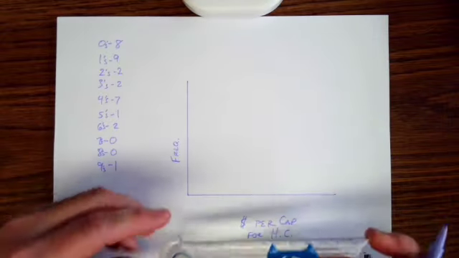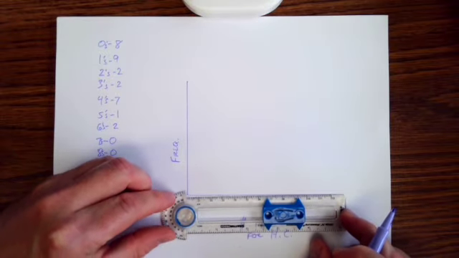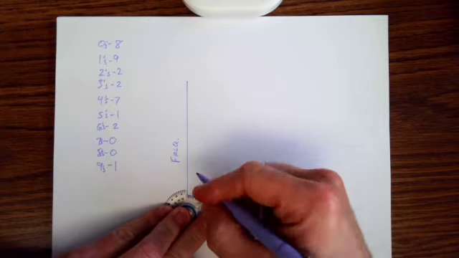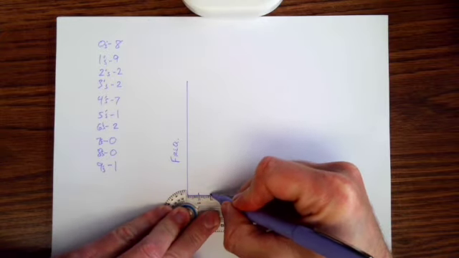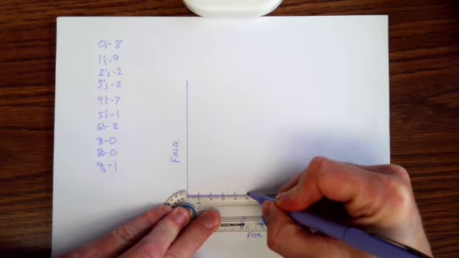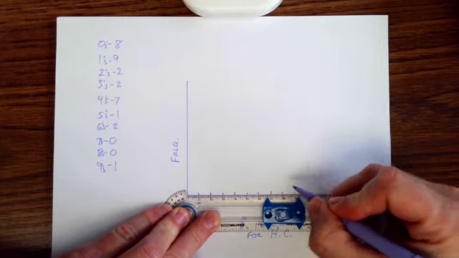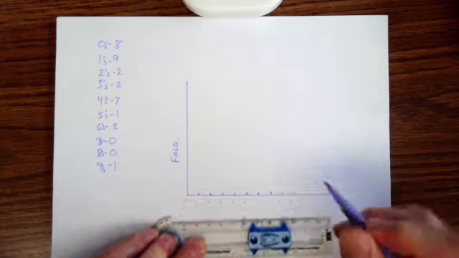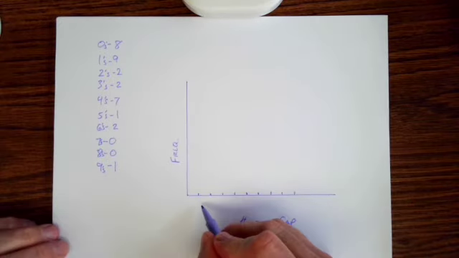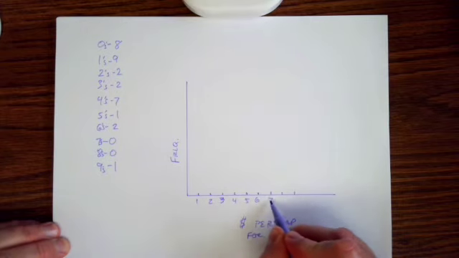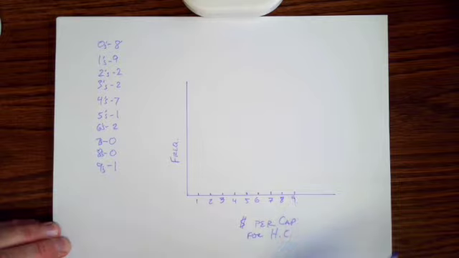An easy way to do this is using a ruler. In this instance, I'm just going to use centimeters to mark these spots: 1, 2, 3, 4. I'm going through this process just so you can see me do the entire thing. So that goes 1, 2, 3, 4, 5, 6, 7, 8, and 9.